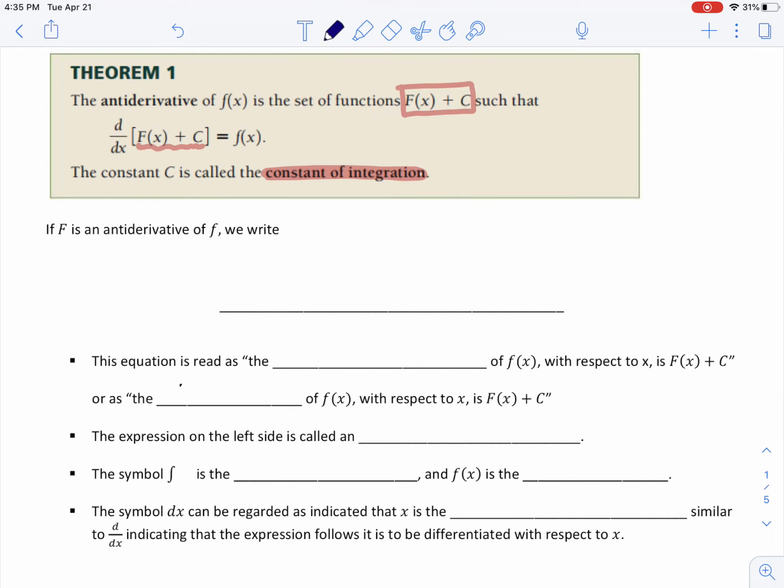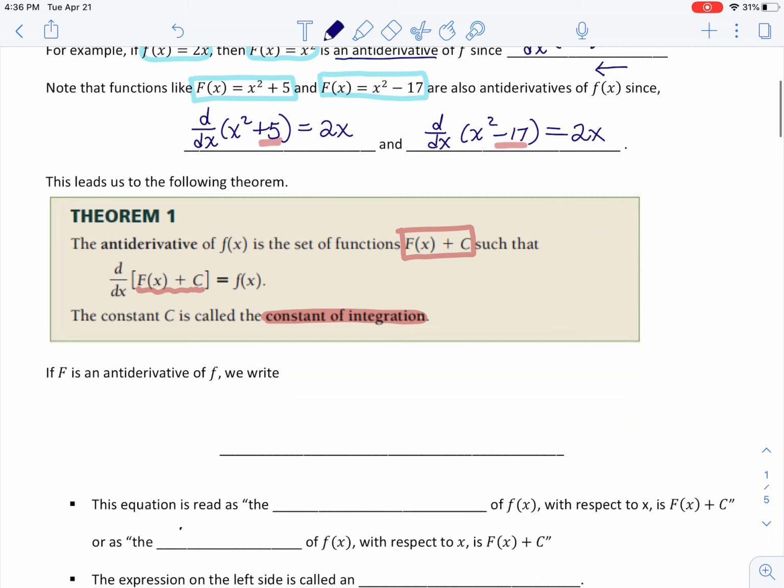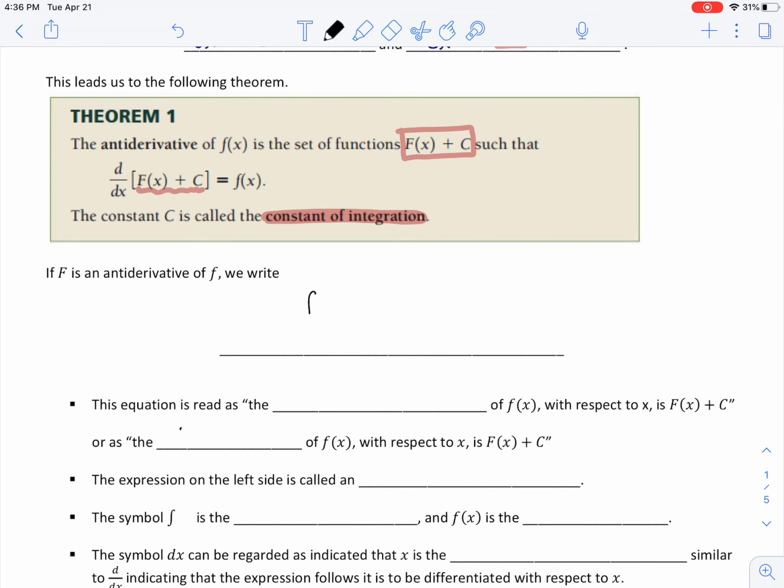I can't really ask you to do an example yet before I introduce the symbols. So let's go ahead and talk about the symbols now. How do we write this? If you read it from left to right, we were going from the derivative of big F of x is little f of x, right?